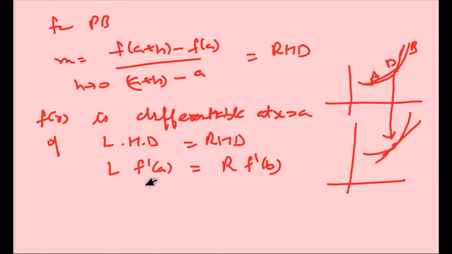If LHD is not equal to RHD, the function is not differentiable. Okay, students? So using this formula, we can find out for many functions whether the function is differentiable or not differentiable.